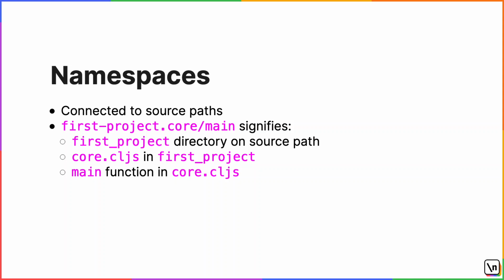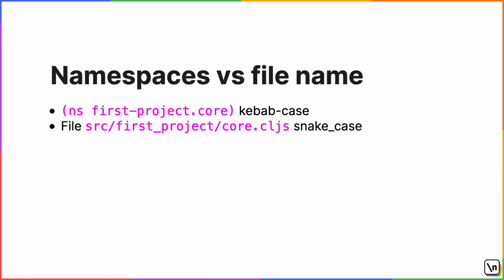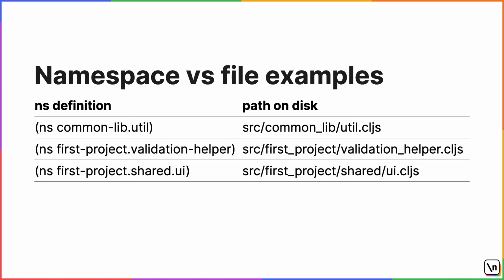We also expect a file named core.cljs that exists inside the first_project directory and a function named main defined in the core.cljs file. The namespace definition using the ns function uses kebab case, but the respective file or folder uses snake case. Here are some examples of namespaces and their respective paths on disk.